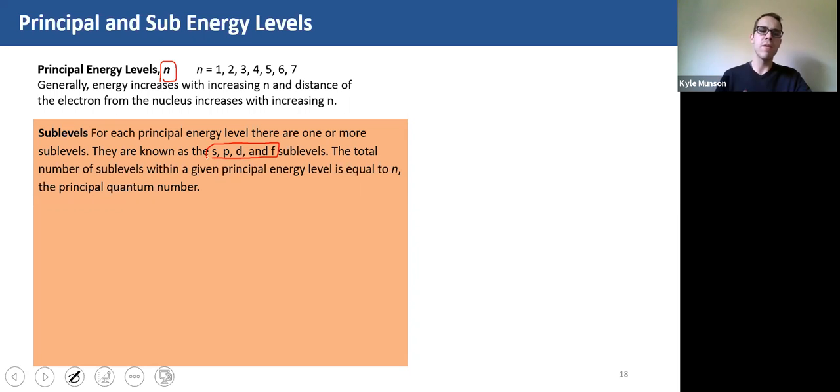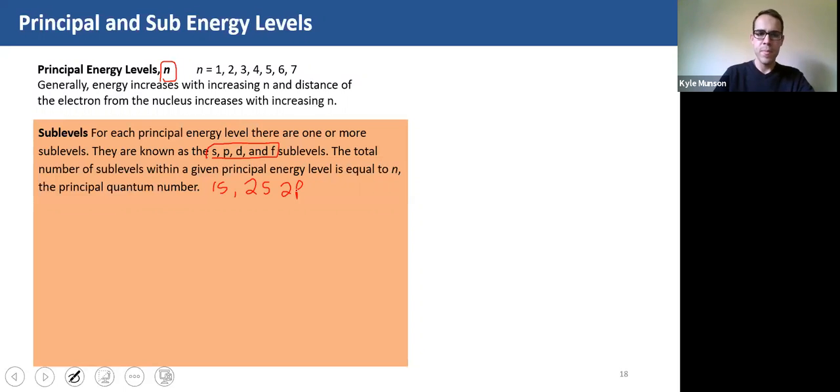The total number of sublevels within a given principal energy level is equal to N, the principal quantum number. So, for example, when N is equal to 1, we can only have one sublevel, and that would be the S sublevel, so it would be 1S. You just pick the first one. When N is equal to 2, you can have 2S or 2P.